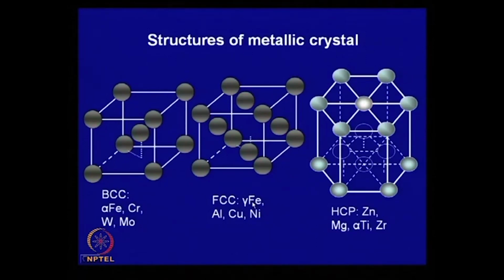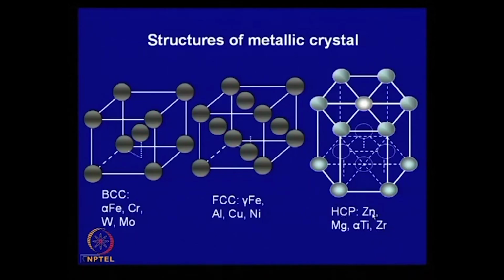You get this at higher temperature, and here you have atoms at the corner of the cube and each of the face centers. And the hexagonal close packed structure you get in metals like zinc, magnesium, alpha titanium. This is the room temperature form of titanium, and zirconium, and several others.